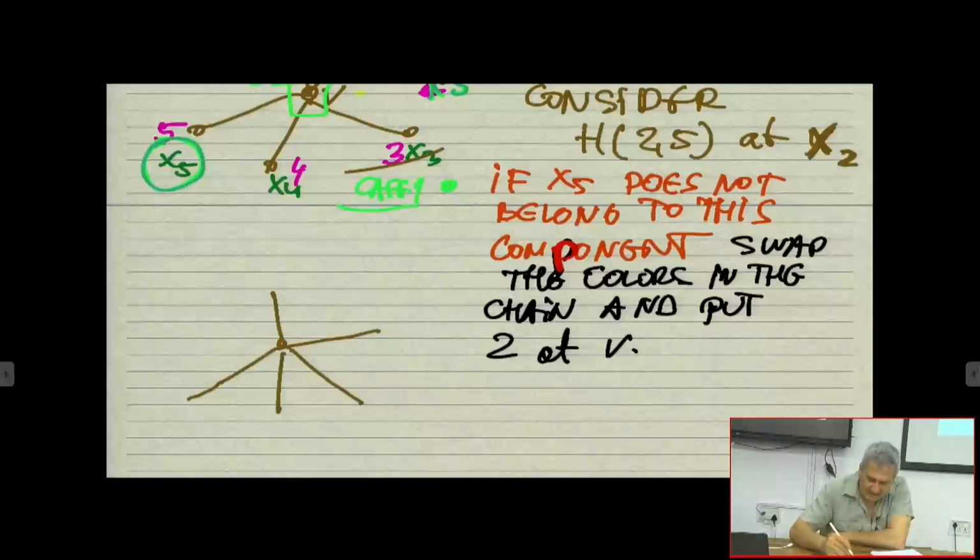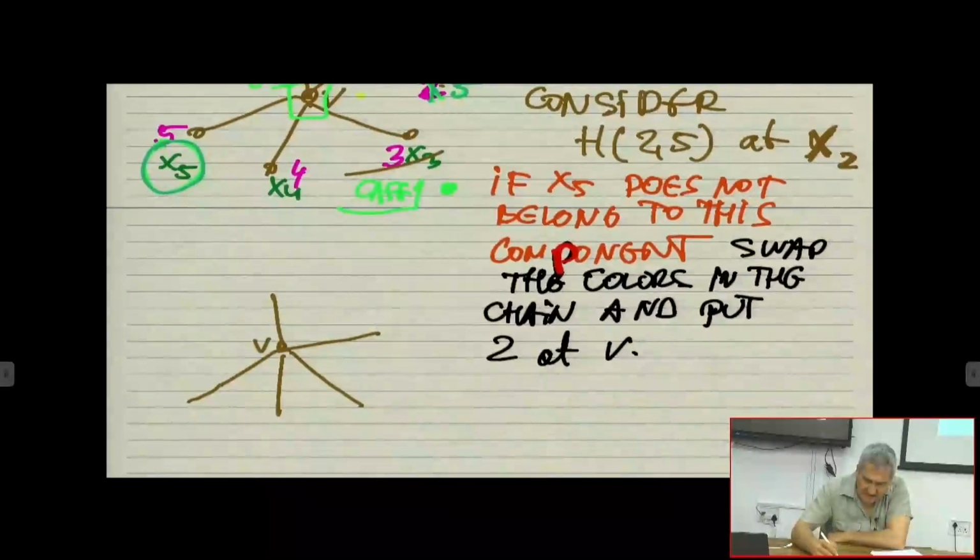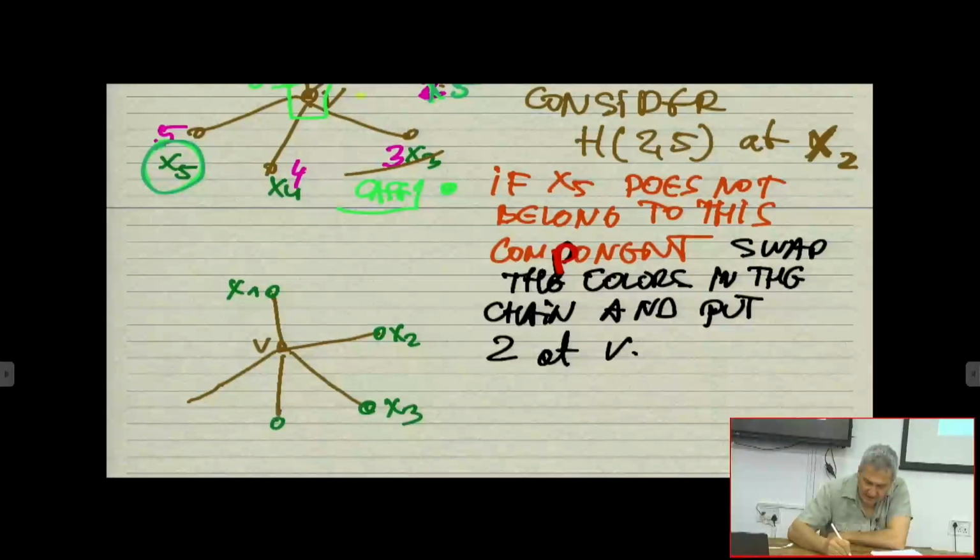With this vertex V here. This is X1, X2, X3, X4, and X5, and then we have this Kempe chain.